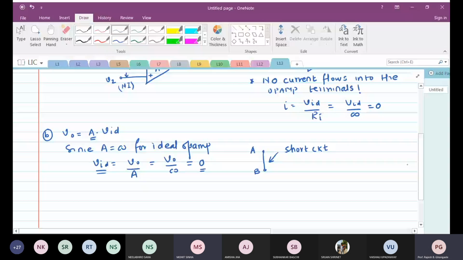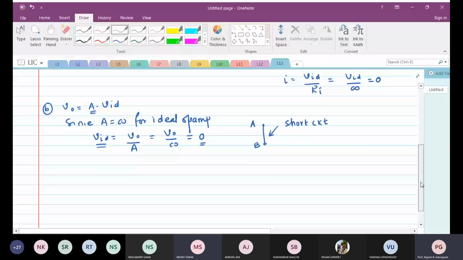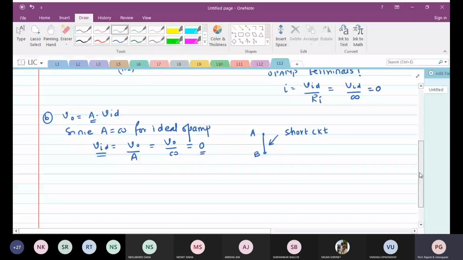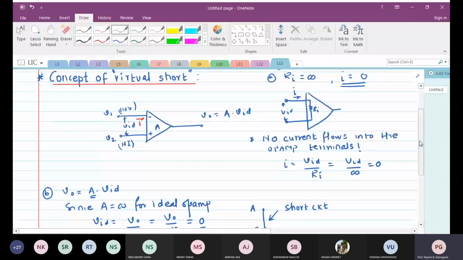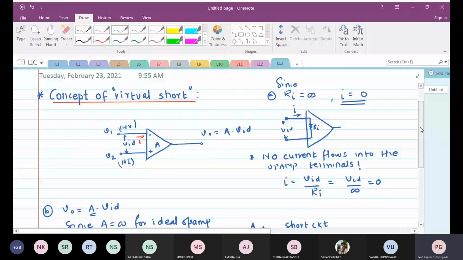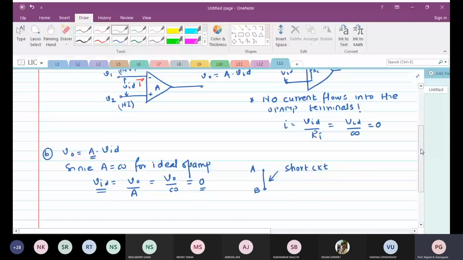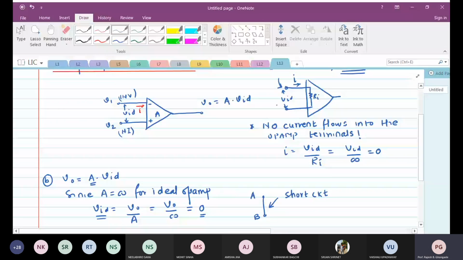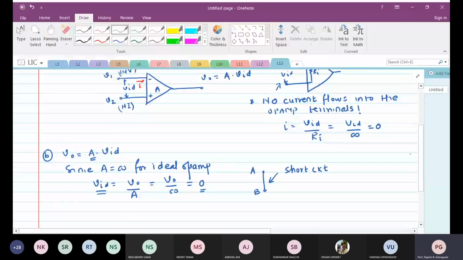Now look at the most interesting thing here. It is not as per whatever we have seen or experienced till now. It says that there is a virtual short circuit between this terminal and this terminal. It is as if there is a short circuit, because VID happens to be 0, right? Is that okay?